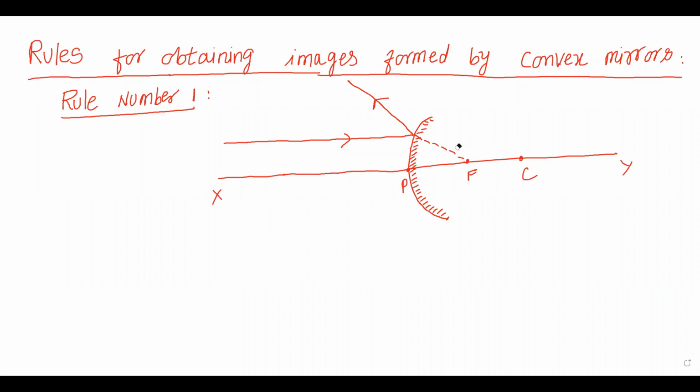After reflection, it appears as if it is coming from focus. This is rule number 1. If you extend the ray backwards, the line will join the focus. Got it? Let us write the rule.